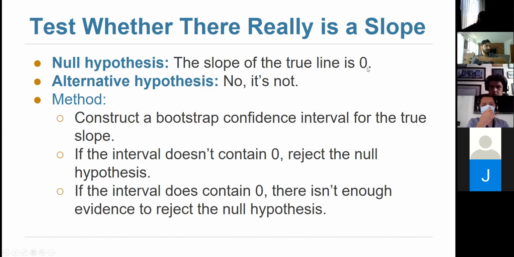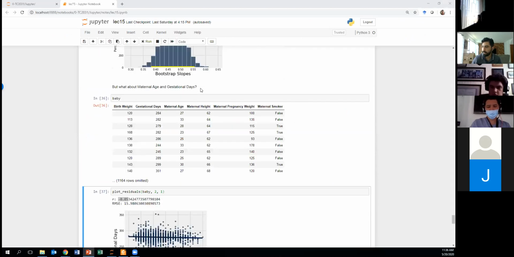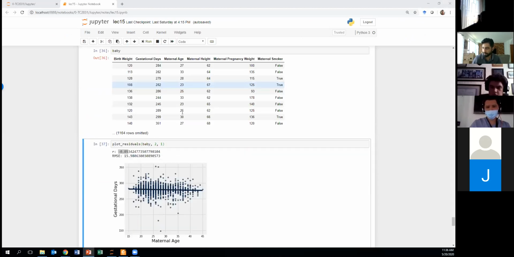Even if I get 0.1, it still is not zero, and scientifically I can conclude something based on that. Though it's close to zero, it's not zero, so there should be a slight linear correlation between these two values. This is my hypothesis, and I'm going to test it between gestational days and maternal age.